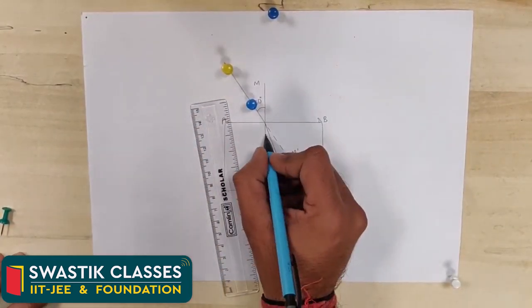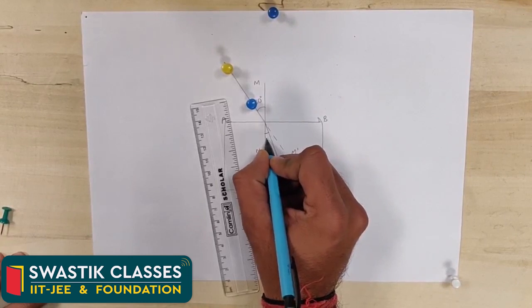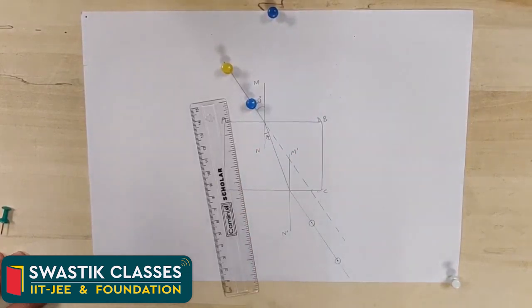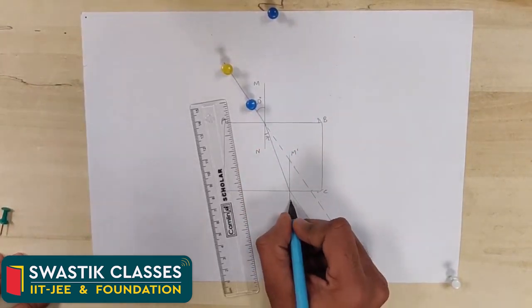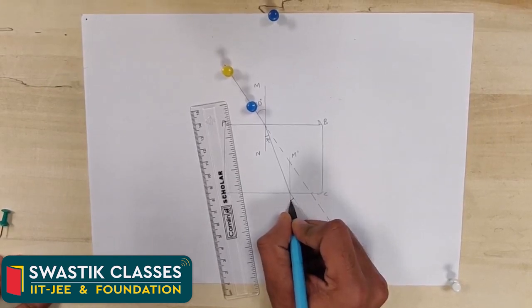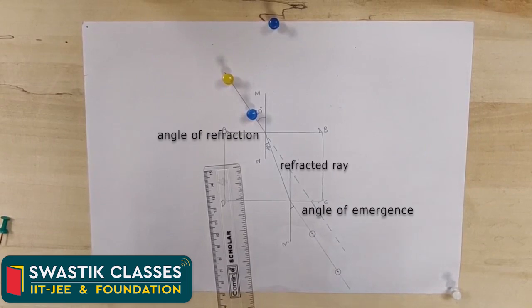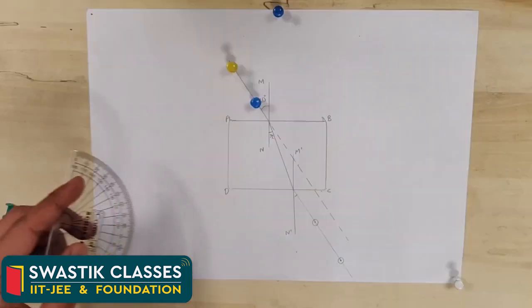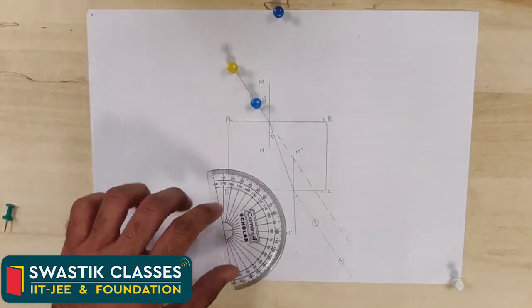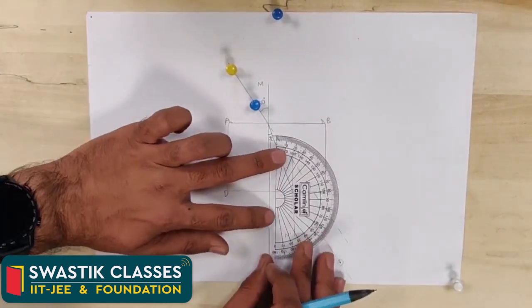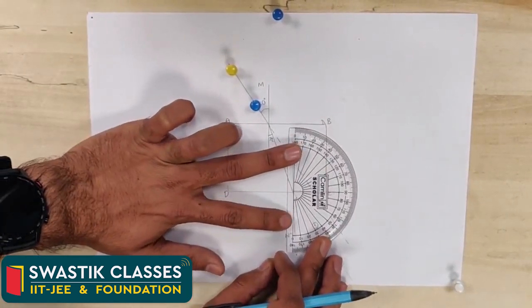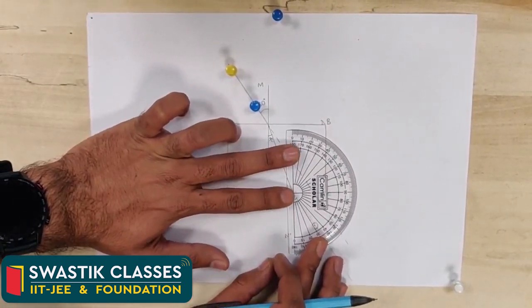And this is our angle of refraction. We'll name it R. And this is our angle of emergence. We'll measure it with the protractor and see what we get. So now we'll measure the angle here. I'll keep the protractor on the normal and see what angle I'm getting.